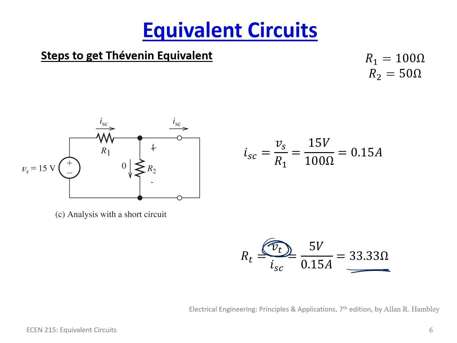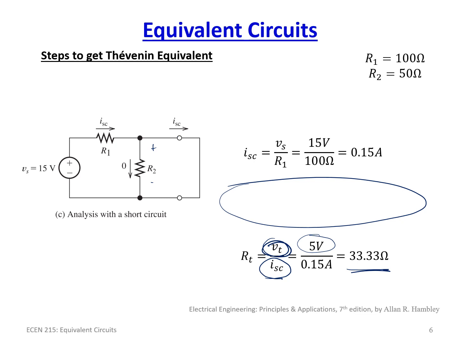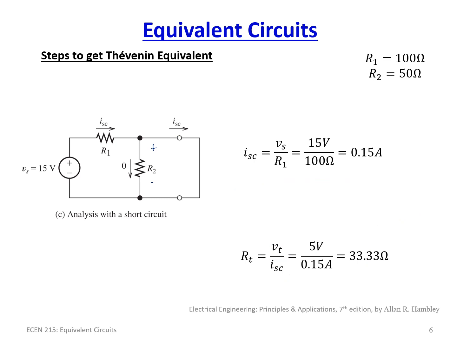So we used ISC, which was determined here, and all we did was take the 5 volts that we determined before and the ISC that we have from doing the short circuit analysis, and we get 33 1/3 ohms. So this method especially works with circuits that can get complicated, but there is another way of doing this.